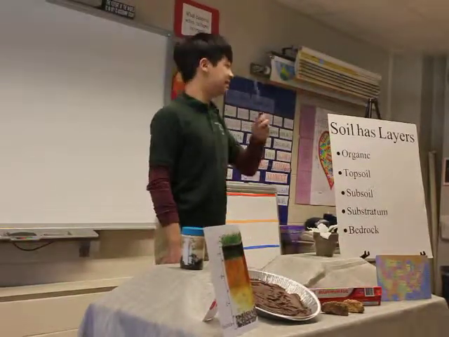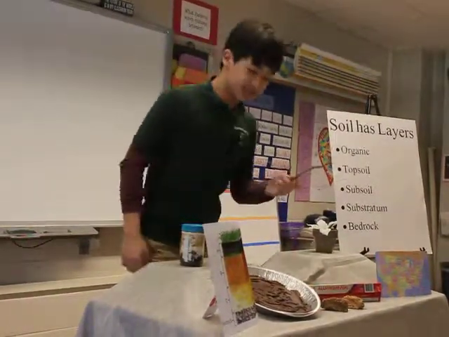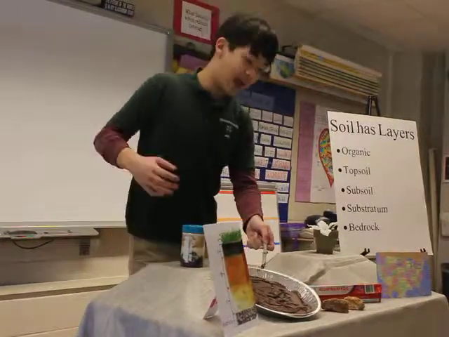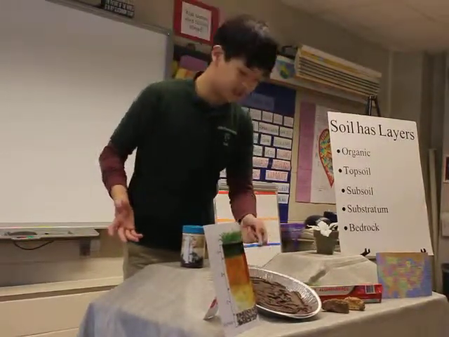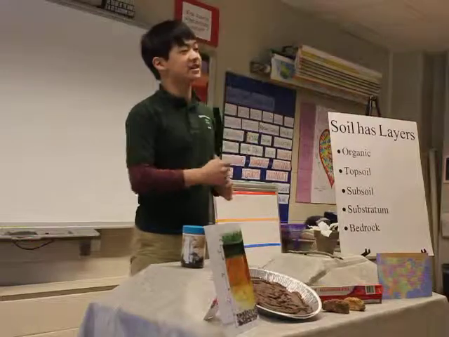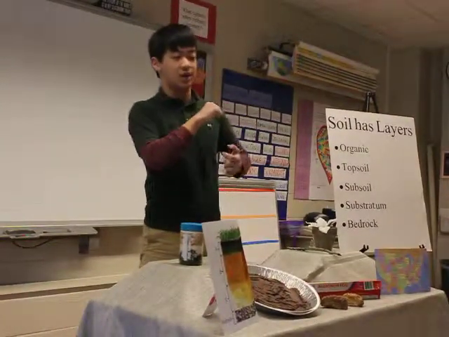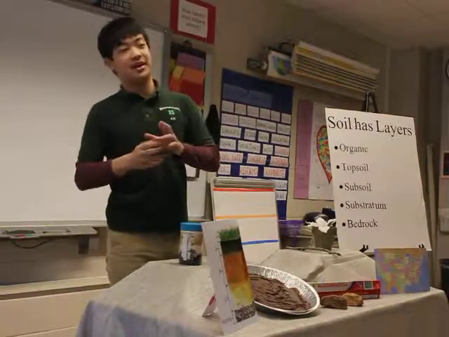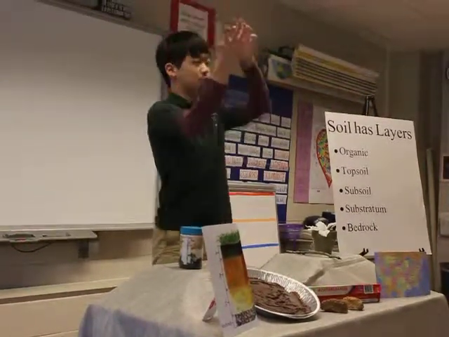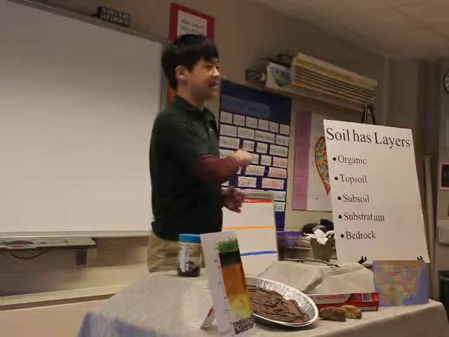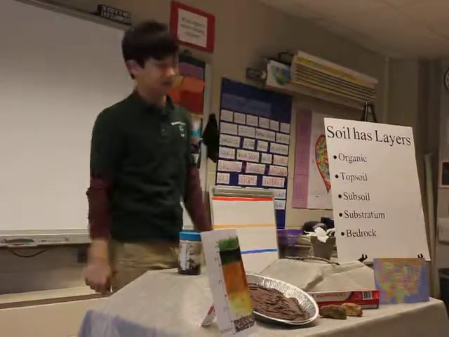Below that is the subsoil. Since this horizon doesn't have as much organic material as the previous two, it gets its appearance from the minerals that accumulate there through eluviation, the process in which minerals are brought down from higher horizons through rainwater and forced to settle in lower horizons.